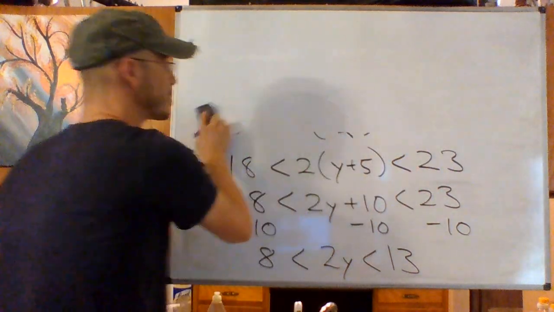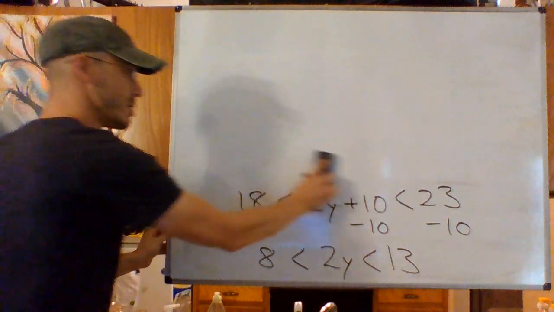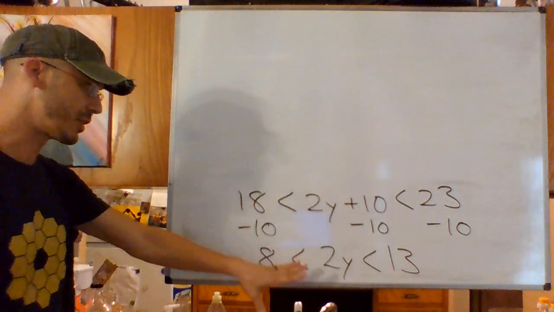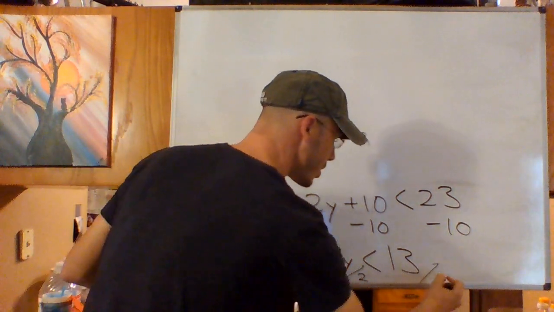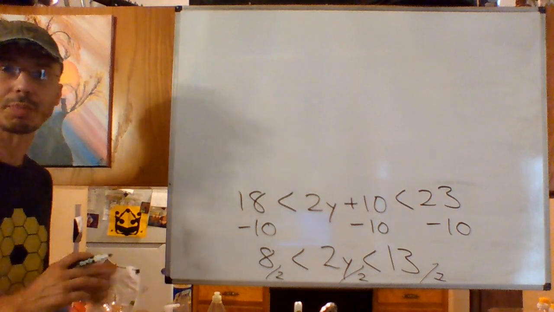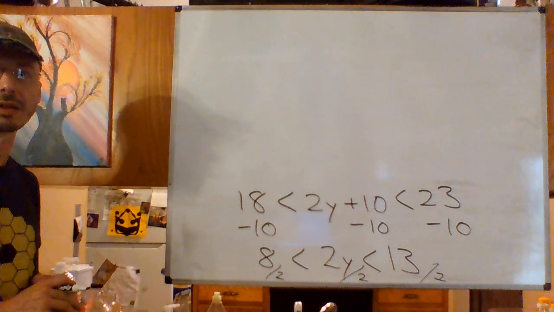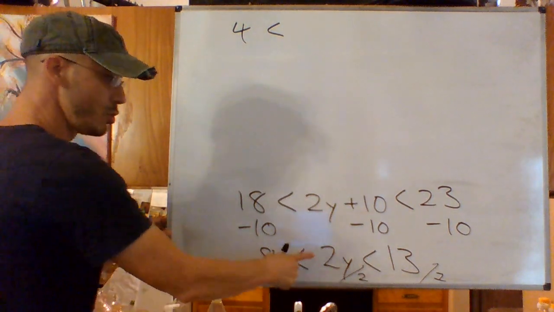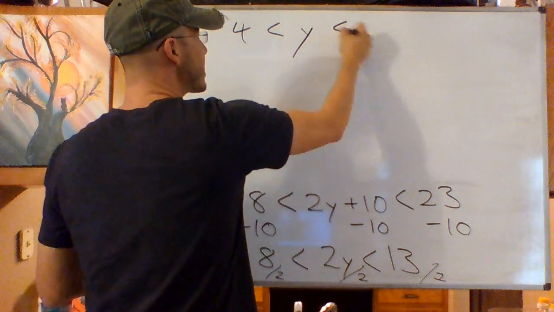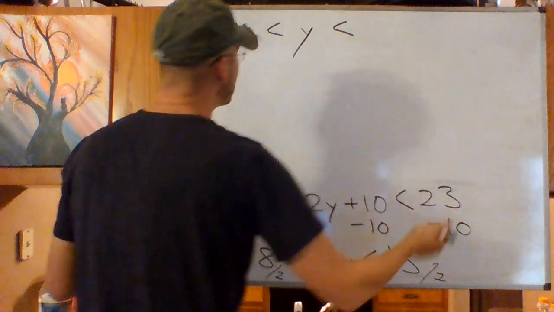And I need to go back up to the top. So at this point, I want to divide all 3 portions of the inequality by 2. 8 divided by 2 is 4. 2y divided by 2 is just y, and that's it. We've isolated y. 13 divided by 2.